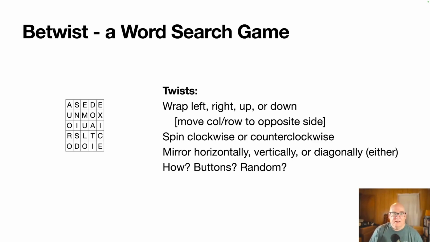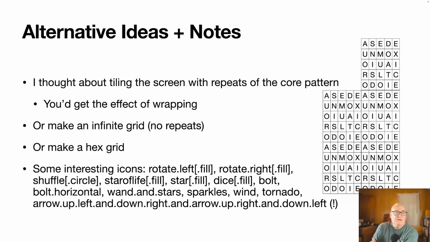Now I've also thought about alternatives, and one of them was I would take the pattern. So ASEDE, you can see I've just been treating it like a big rubber stamp and just stamping multiple copies. And if I weren't going to cover up my text, I would put another one on the left, so there were 2x3 or something, or maybe it's 3x4, or maybe it's infinite.